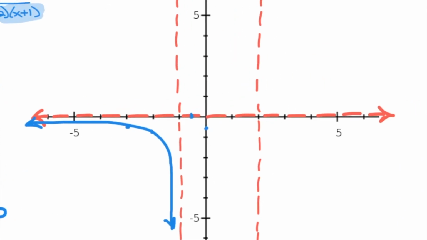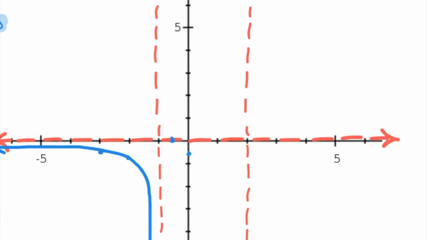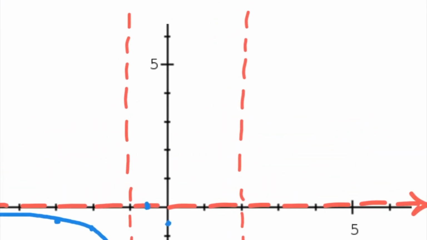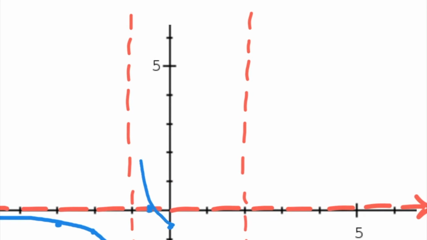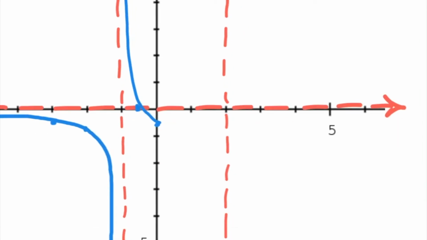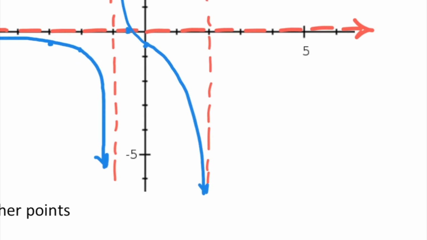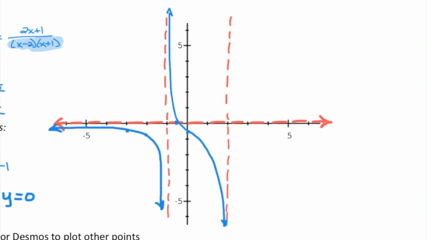And then in the middle section, the only 2 points I have are the x and y intercepts. And so I'm going to look at the graph in Desmos for the shape, but it basically ends up doing this toward the asymptotes.